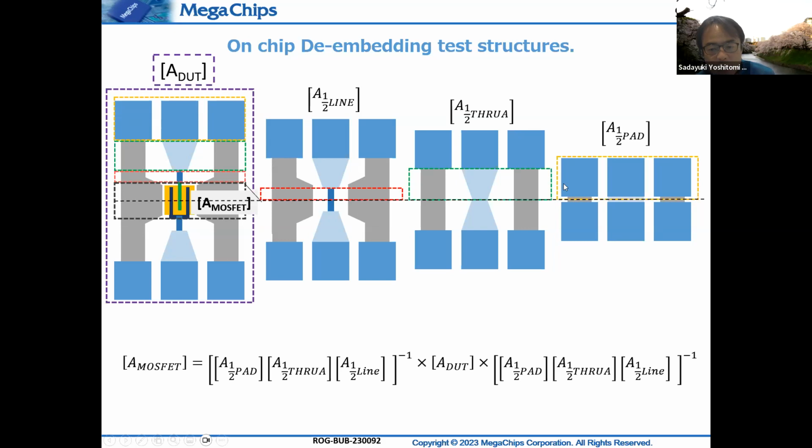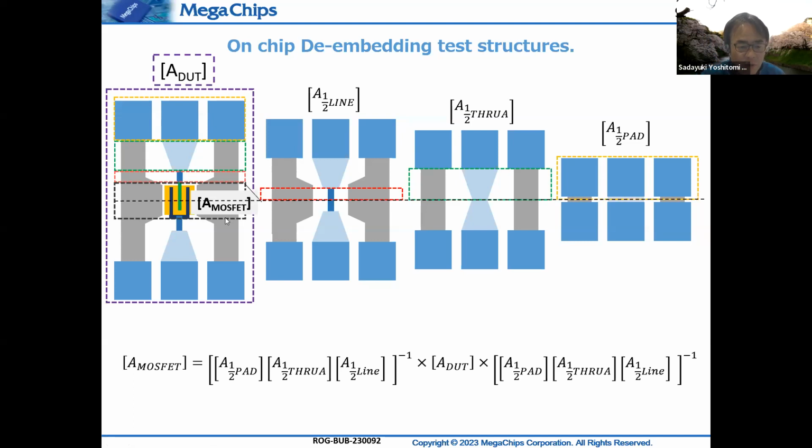So to obtain each matrix after the measurement, we multiply the inverse matrices to the ADUT in order to obtain the A matrix of the MOSFET. This is the A parameter that we want, and from the A parameter we transform A to S matrices or A to Y matrices that we want to use for the modeling.